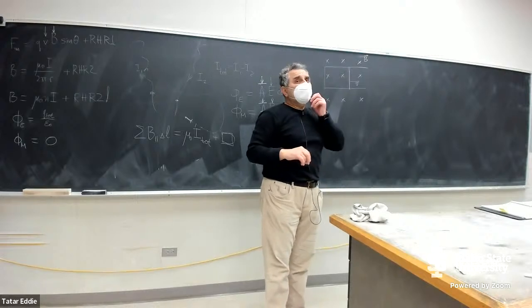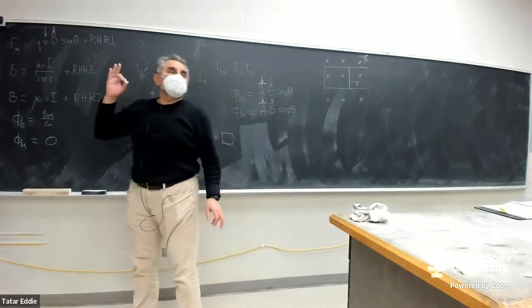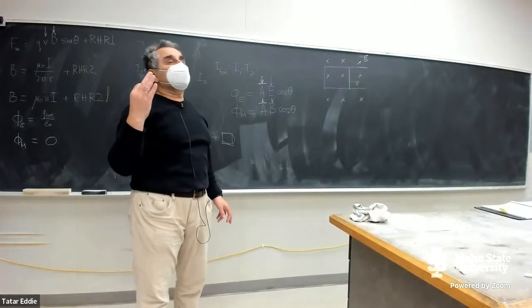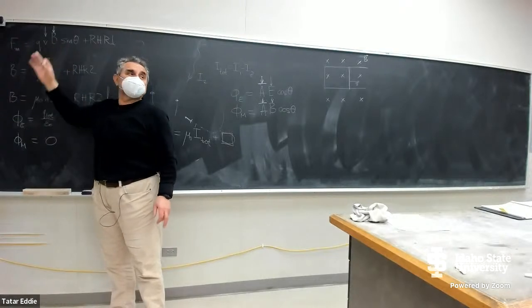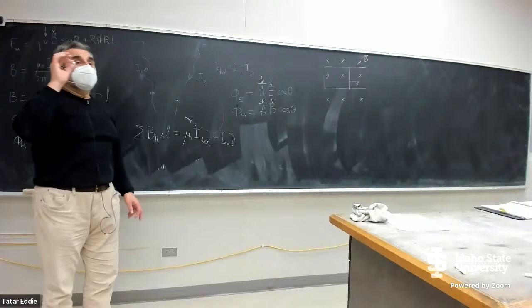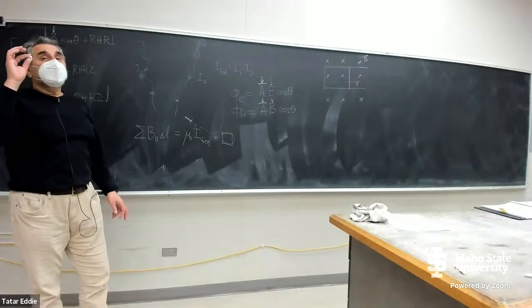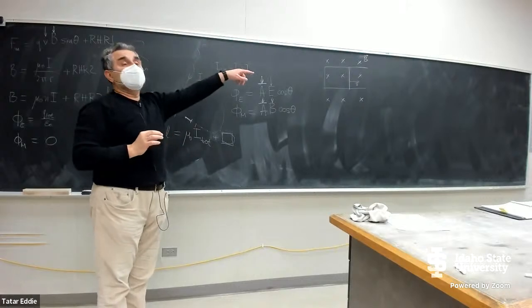But how exactly does it happen? Well, one way to look at it is from the point of view of Lorentz forces. So remember that Lorentz force appears when electric charge is moving in a magnetic field.